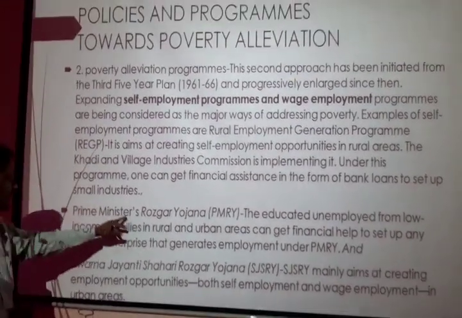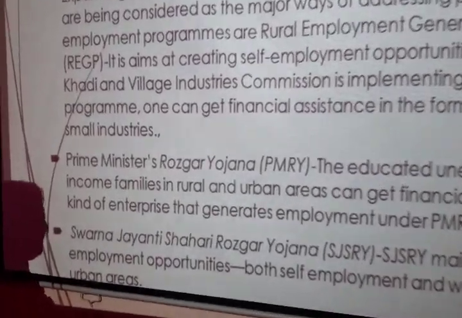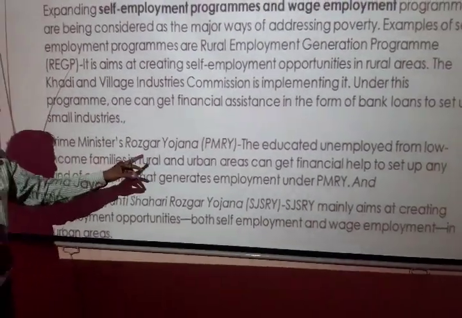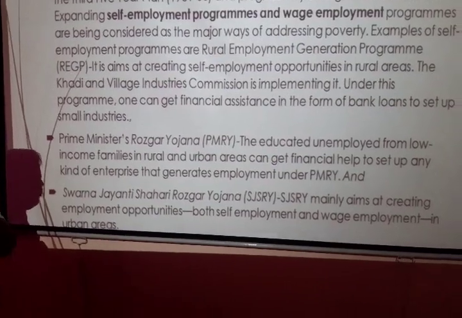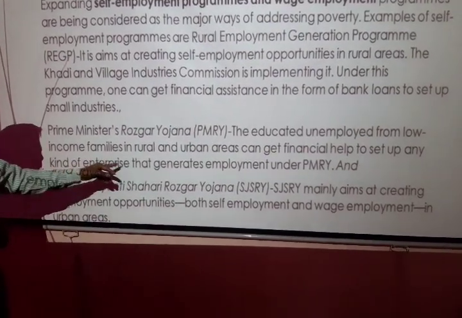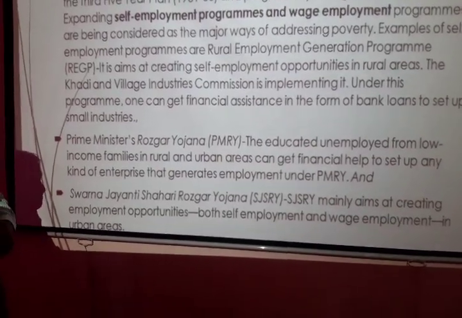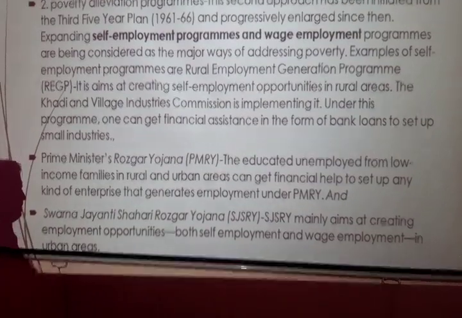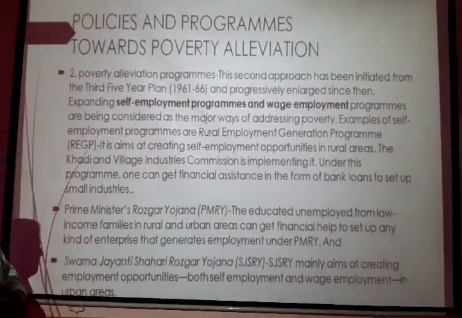Next is the Prime Minister Rozgar Yojana. The educated unemployed from low income families in rural and urban areas can get financial help to set up any kind of enterprise that generates employment under PMRY. So PMRY is also a self-employment program, applicable for both rural and urban areas.